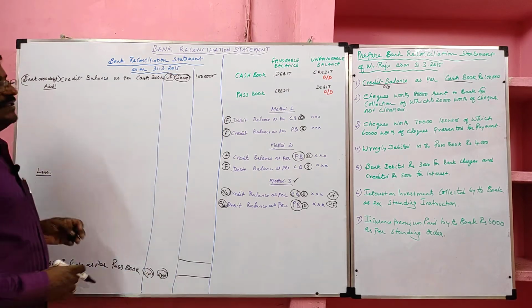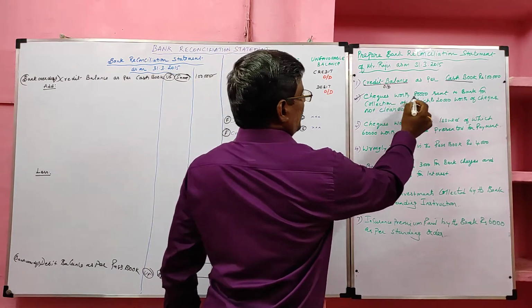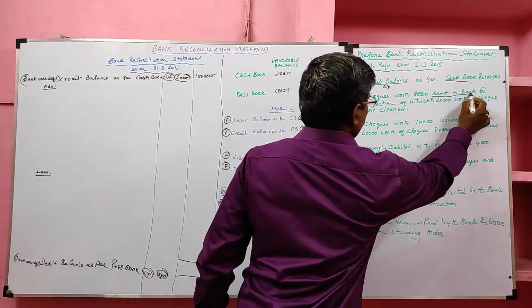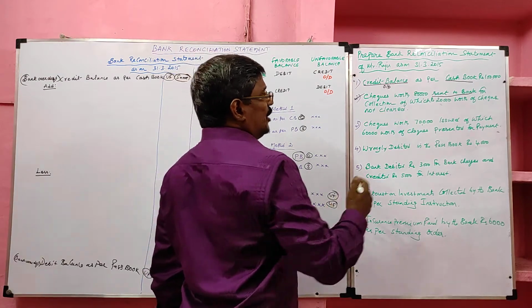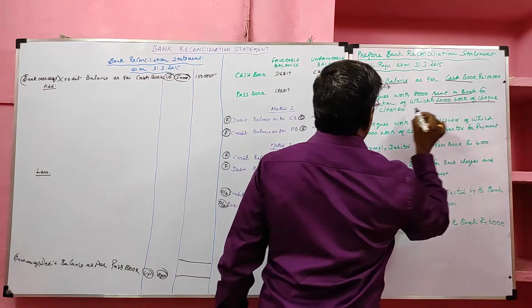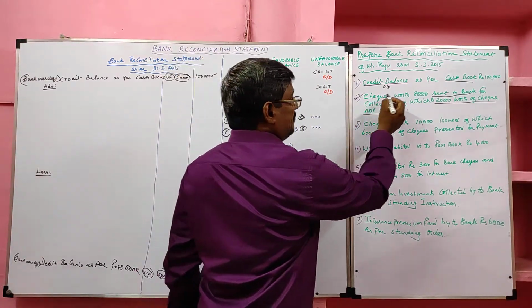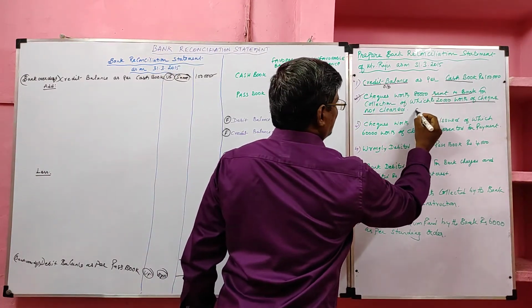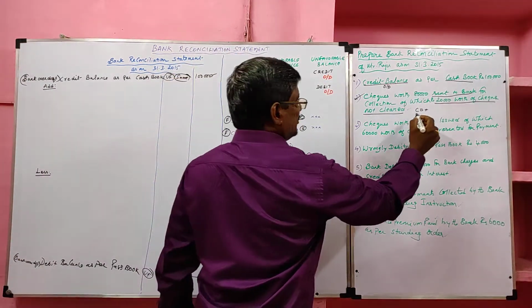Now let me see the second one. Check worth 80,000 sent to bank for collection, of which 20,000 worth of check not cleared. Where did the transaction take place? Check sent to bank for collection. This transaction took place in the cash book. It was added. So in cash book it was added.